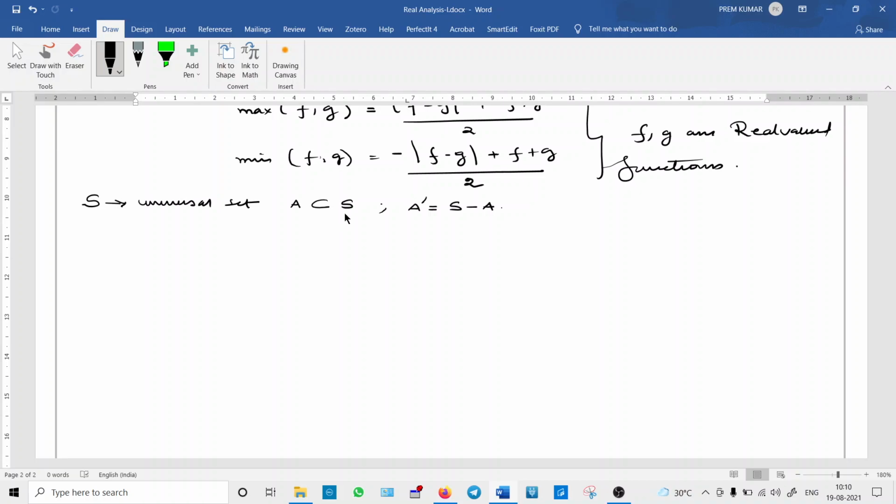Here whatever sets we define are defined under the universal set S. Now for every subset A of the universal set S, we define a function. Now we are going to define a new function. This is called chi.